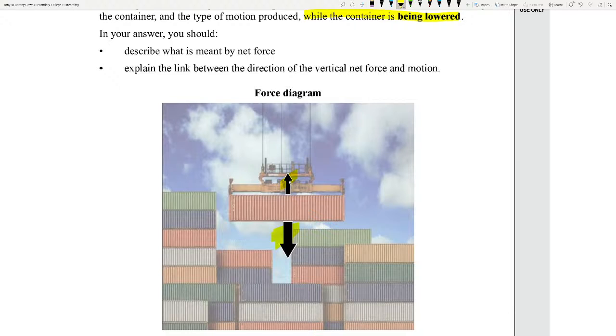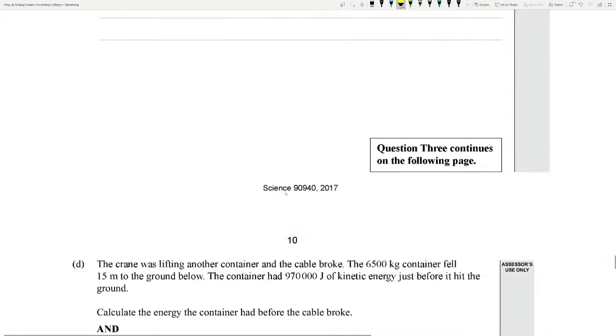The upward force is the support from the chains and from the crane. The thing's being lowered because the weight force is greater than the support force being granted by the crane, in a controlled manner. As you can see, the downward arrow is larger than the upper arrow. That means this container will accelerate in the direction of the net force, which is downwards. All right, nice and easy.